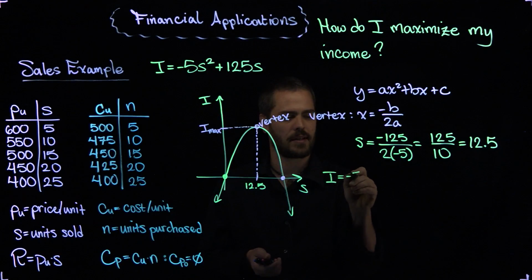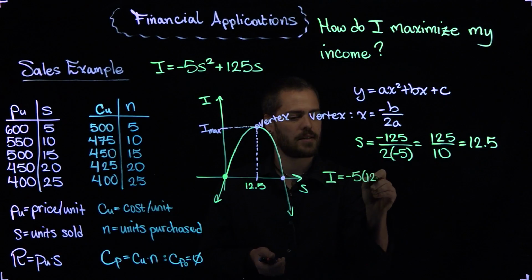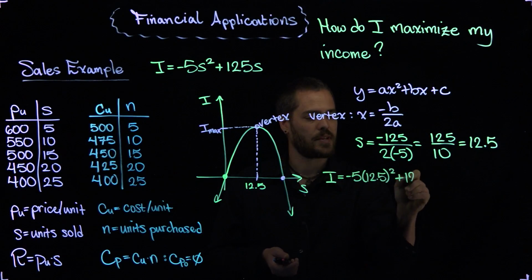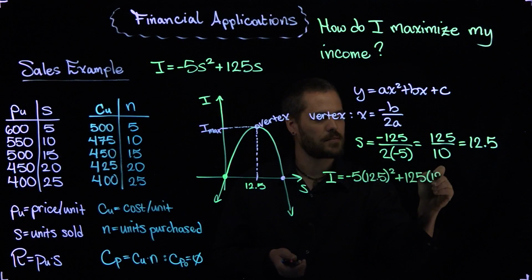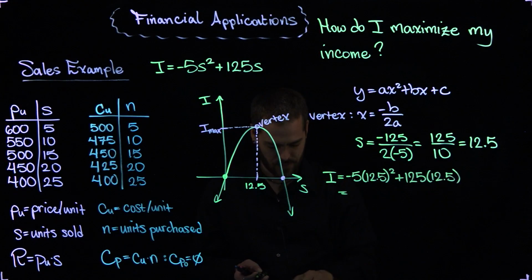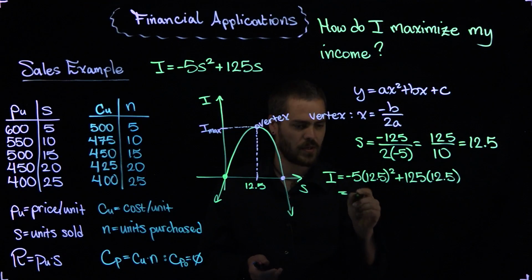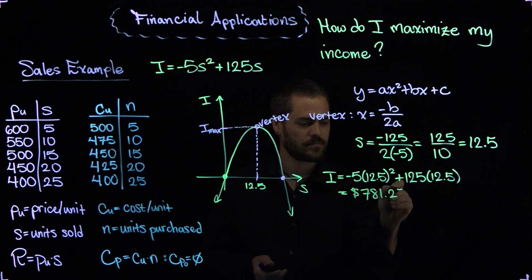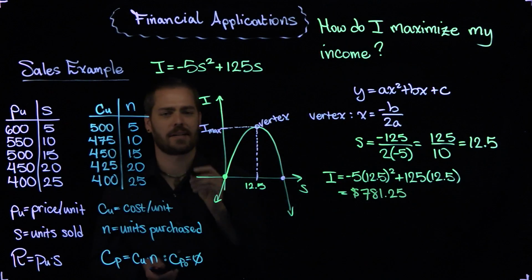Well, this would be negative 5 times 12.5 squared plus 125 times 12.5. And that comes out to 781.25. Okay, so that's my technical max there.